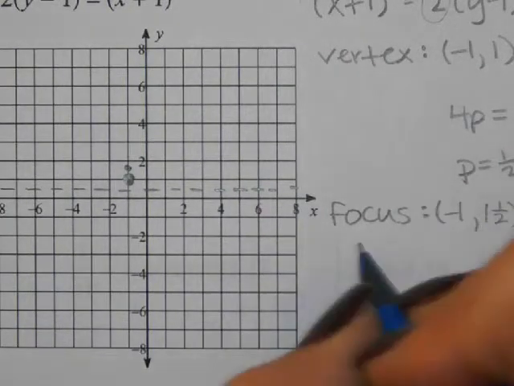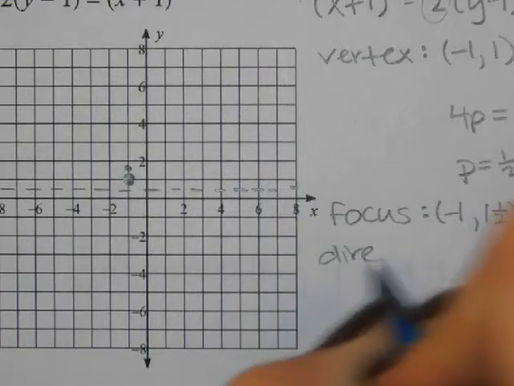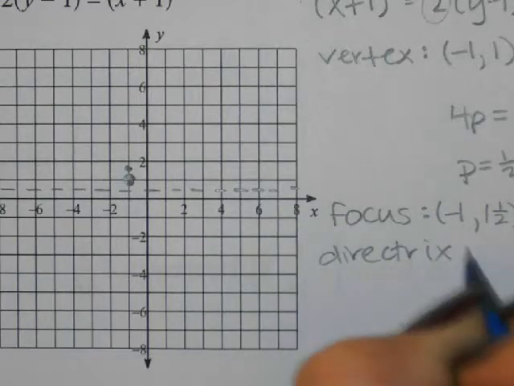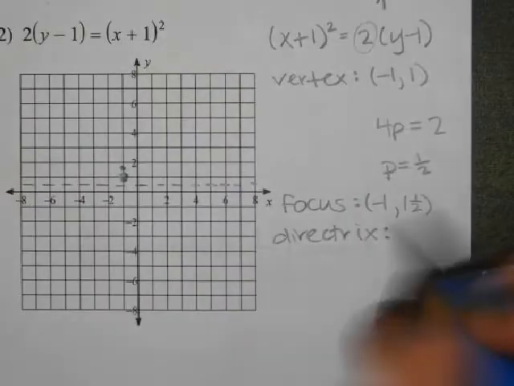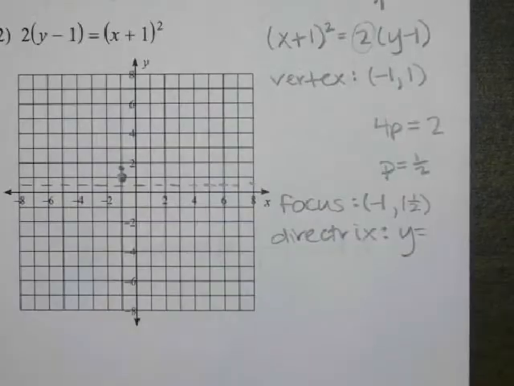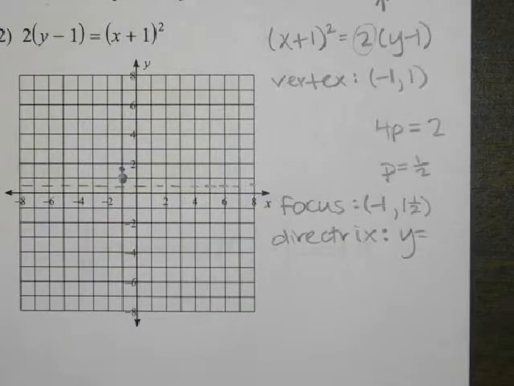And the directrix is a horizontal line. How do we write the equation of a horizontal line? Y equals, and what number is it going to be? 1/2. So from 1, the vertex was at a y coordinate of 1. We went up 1/2 for the focus and down 1/2 for the directrix.